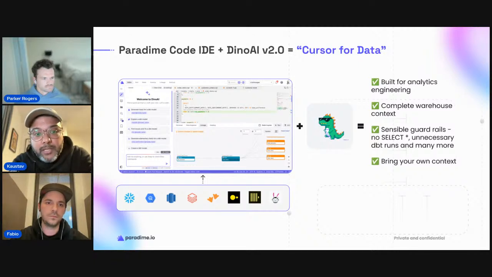And where we are going with that is that you already have the context of BigQuery, Snowflake, Redshift, Databricks, MotherDuck, DuckDB, ClickHouse, Trino, any of these warehouses that you can already connect to Paradime. Now it is available as a context for you to do your data development using DinoAI, which means it eliminates about 99% of your rote work.